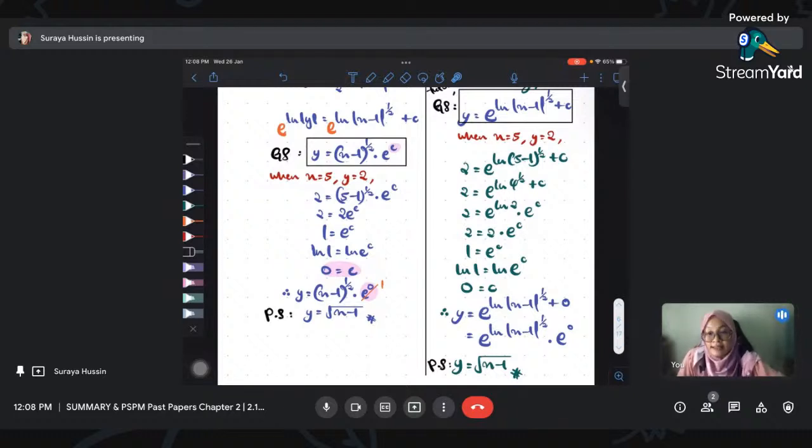Cara penulisan sahaja yang berbeza, tapi mereka sebenarnya sama. It's just the way you write it. Okay, that's all, so it's easy here. Just remember your general solution might not be quite the same with your friends, but at the end of it, they are just the same thing. Boleh faham ya?